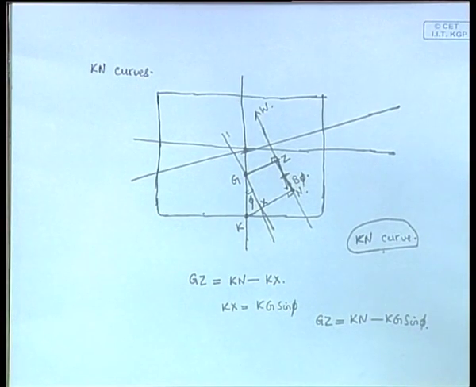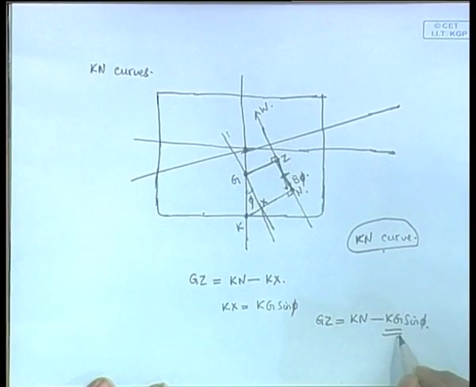First, we use this K n curve to find the G z curve. That is the purpose of the K n curve. There is a way of finding a K n curve for a particular ship, and once you have the K n, you use this formula, K n minus k g sin phi. Of course, we need to know the k g of the ship.